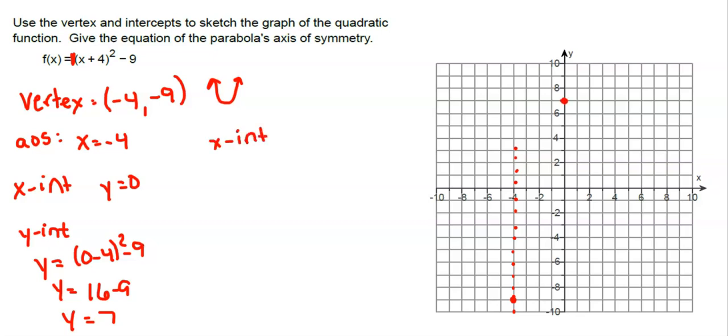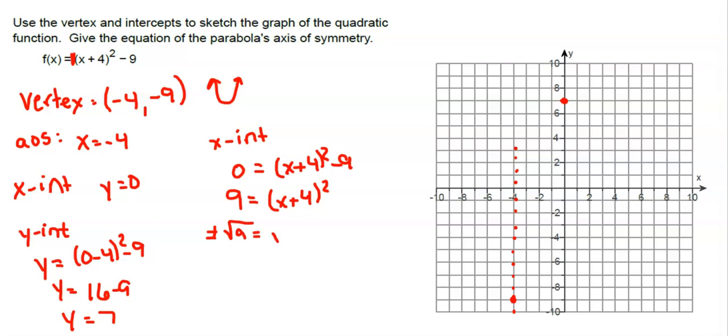X-intercepts happen where y is 0. So we'll put 0 in for y, in other words, 0 in for f of x. So 0 equals x plus 4 squared minus 9. Add 9 to both sides of that equation. 9 equals x plus 4 squared. We'll use the square root property to solve the equation for x. So plus or minus the square root of 9 equals the square root of x plus 4 squared.